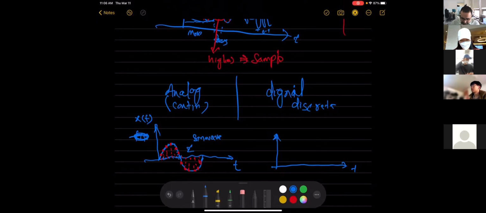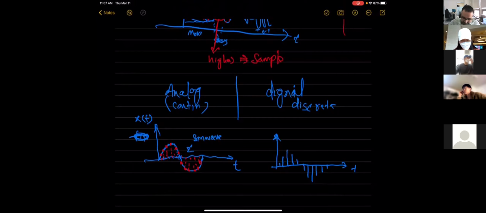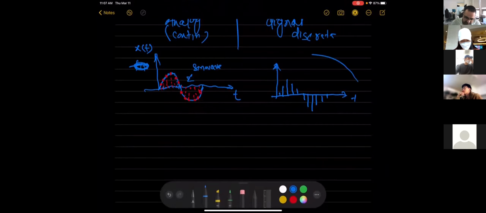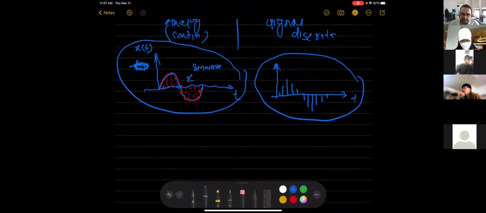In this case, I am talking about the discrete signal. It will look somehow like this. So can anyone tell me why we need this one? Why don't we use this one? Anyone?